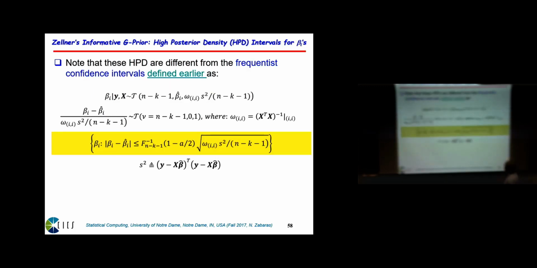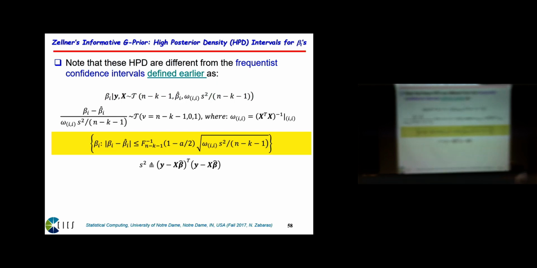Not only do they not coincide, the meaning of this is completely different from the meaning people assign to these confidence intervals in the non-Bayesian world. I wasn't expecting this slide to be here. The confidence intervals you get from the frequentist perspective look like that.